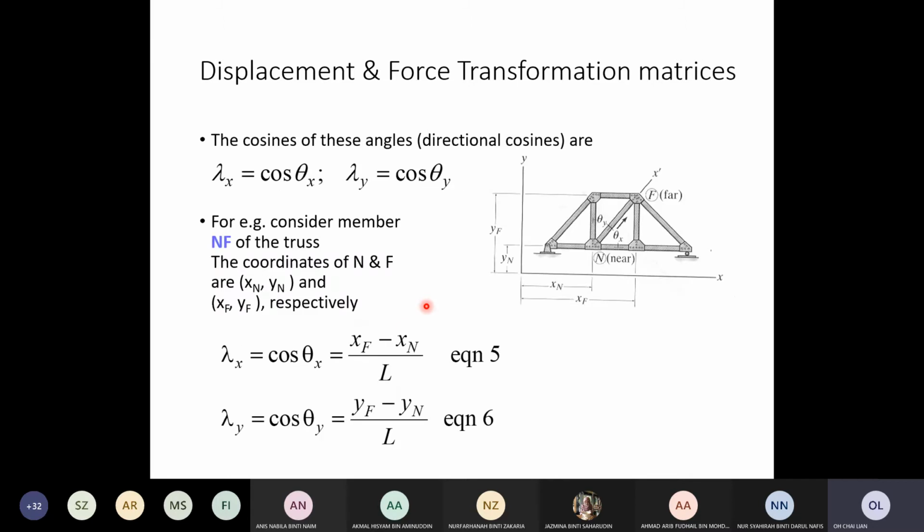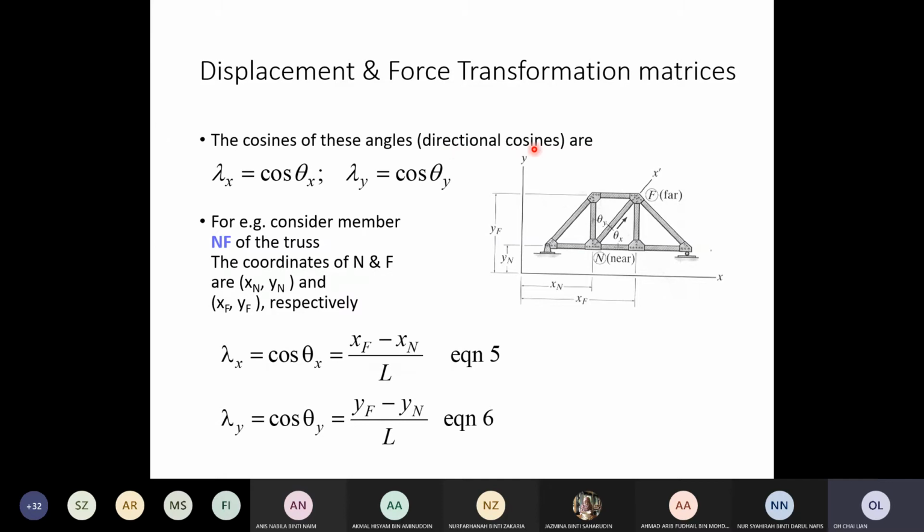Now we want to convert local to global, so you are going to look at the transformation matrices. There will be a new term that you need to learn here, called the directional cosine.